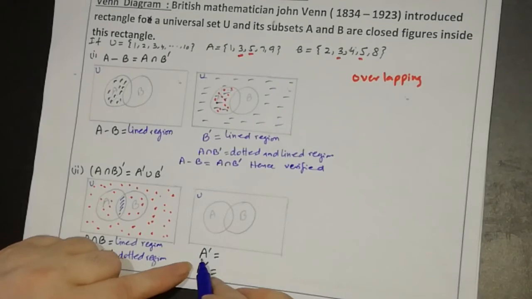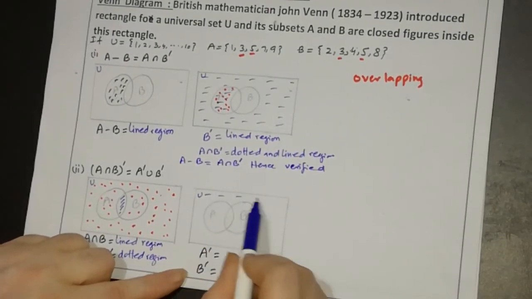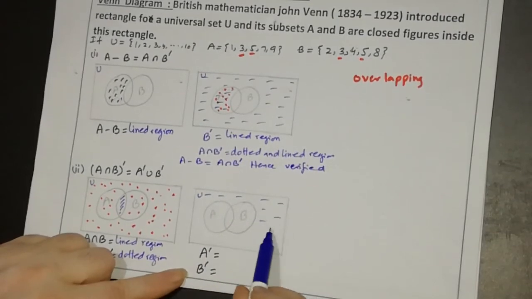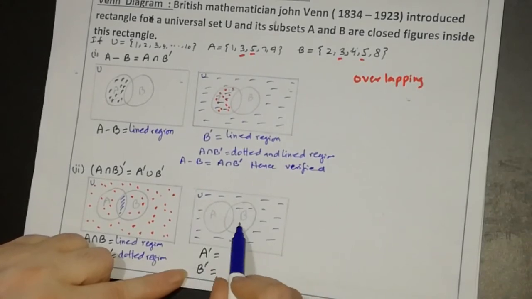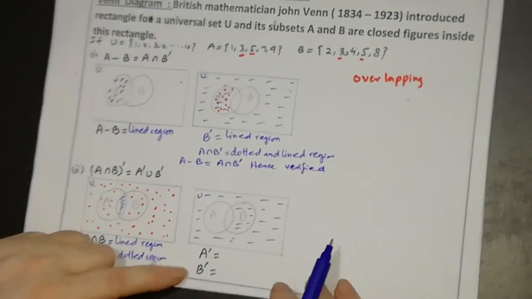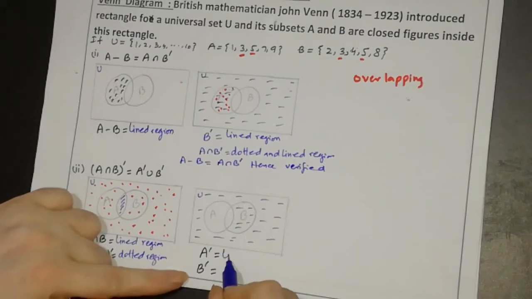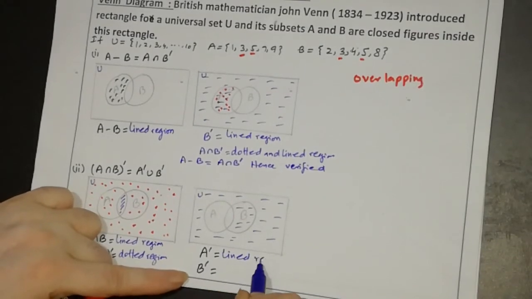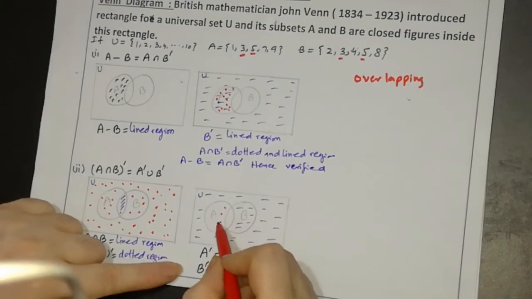So let's find A complement. What is A complement? Those members of U which are not present in A. So look at this. This is the portion which is not present in A, and B is also a part of U. So that's why half of it is shaded. So A complement means the lined region because I'm using lines. Now the B complement. Those members of U which are not present in B. So what is not present in B?